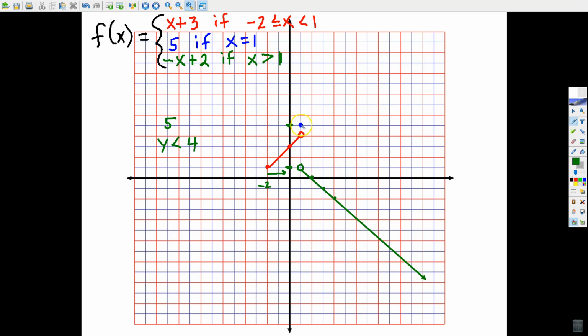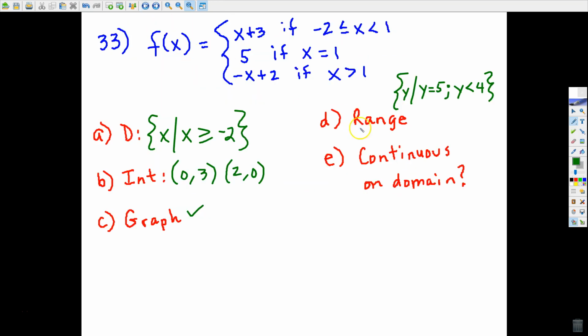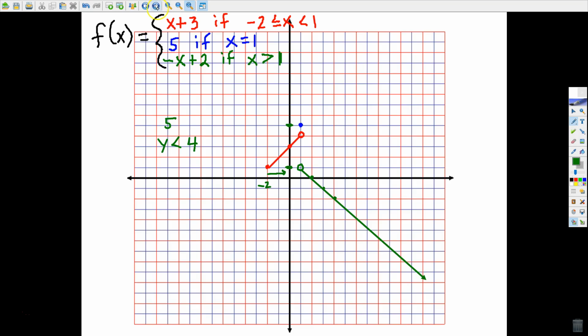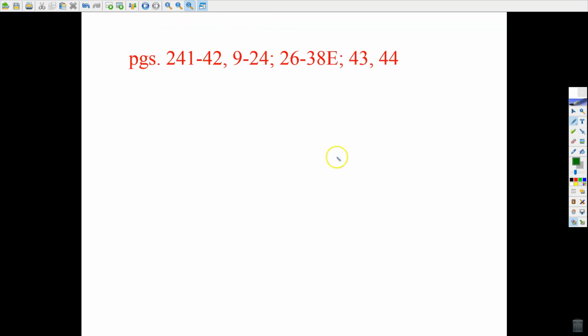All three of these are disconnected at one place, and that is where x equals 1. So we're going to say that it's discontinuous at x equals 1. Okay, and that takes care of this.